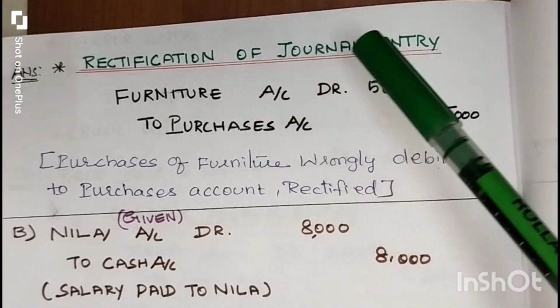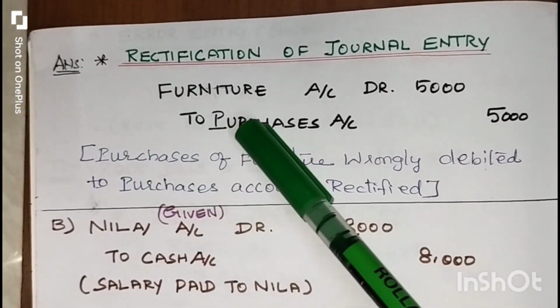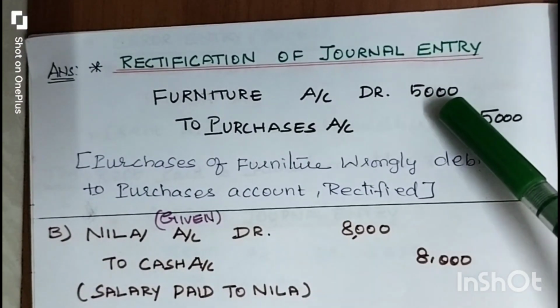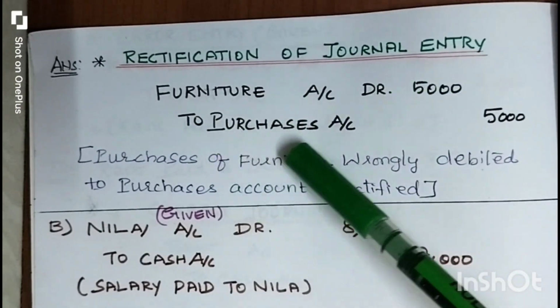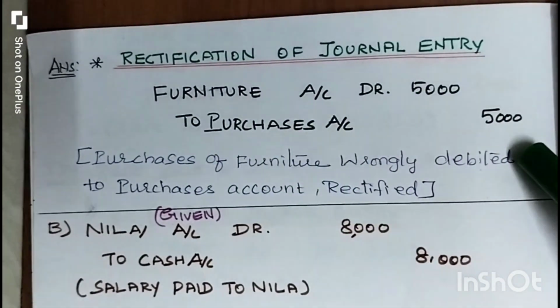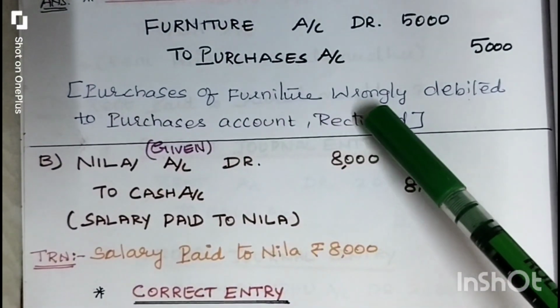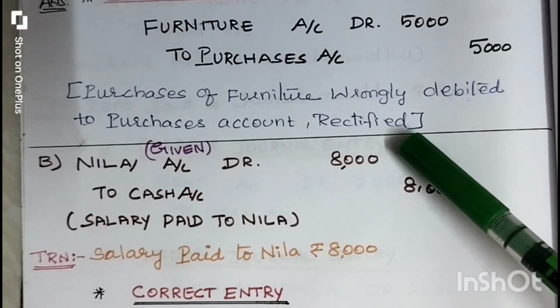So the rectification of the journal entry, this is the answer: furniture account debtor 5,000 to purchases account 5,000. The narration is purchase of furniture wrongly debited to purchases account, now rectified.